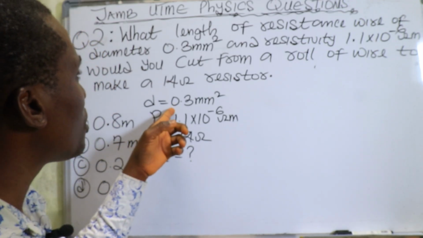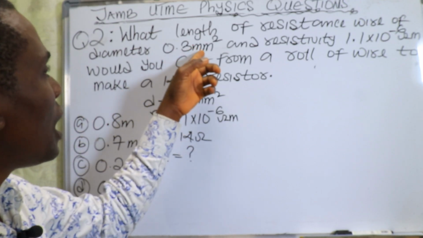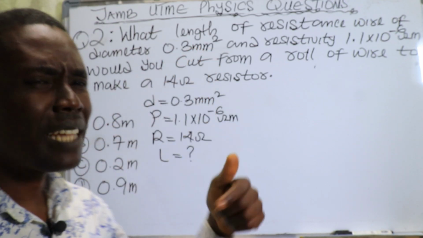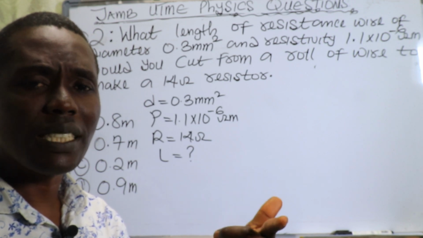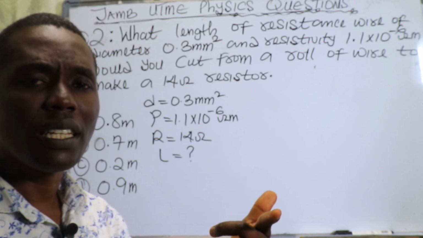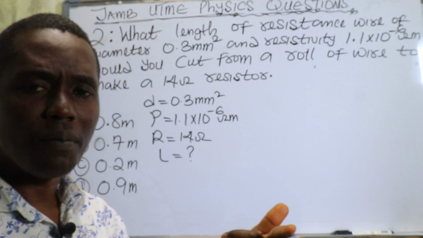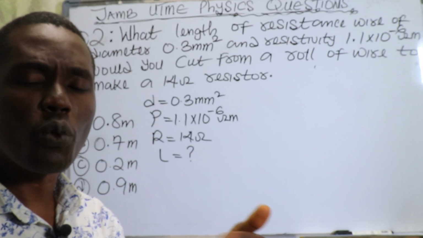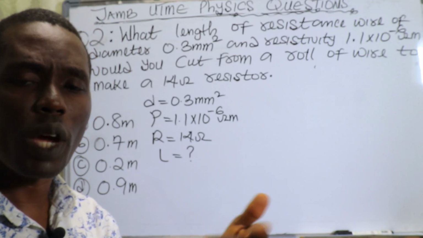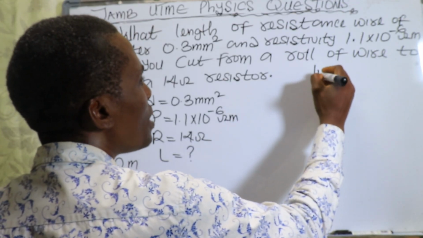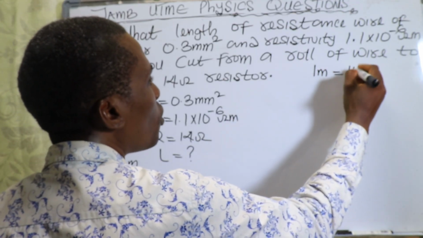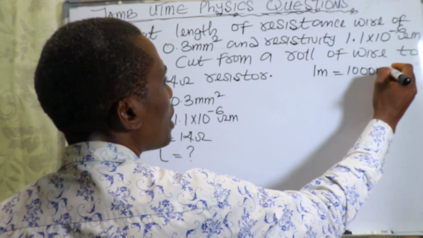Remember, they give us diameter na millimeter, and remember the standard unit of length na meter. So if they give us millimeter, we need to change that millimeter to meter. Make we start with that one. Remember say 1 meter dey equal to 1000 millimeter.